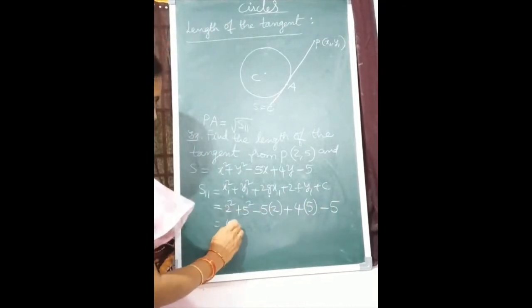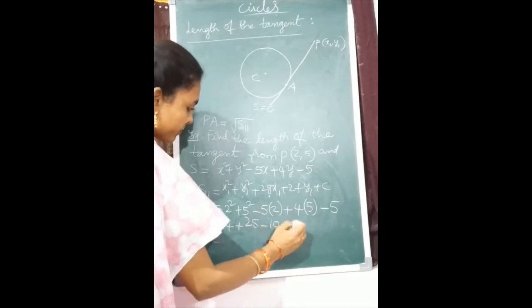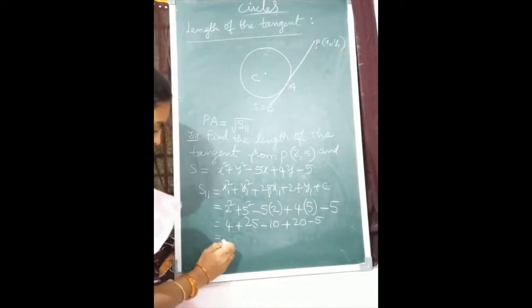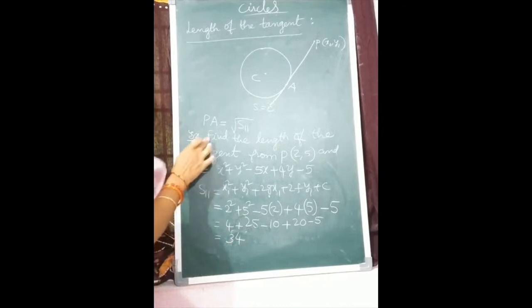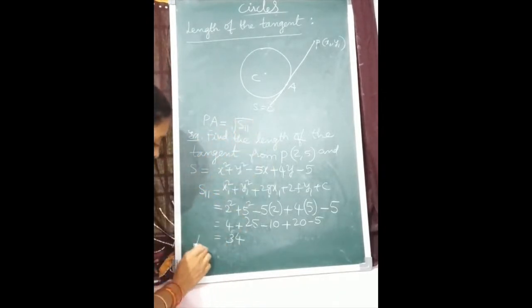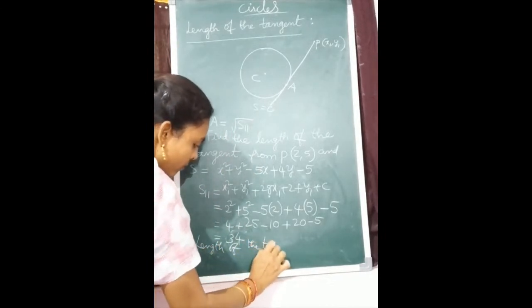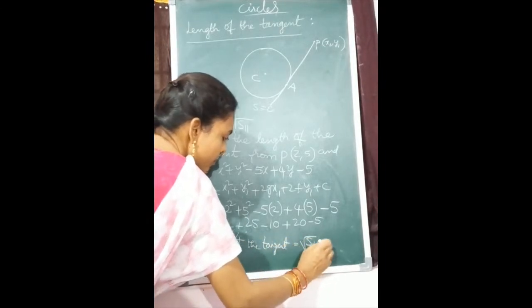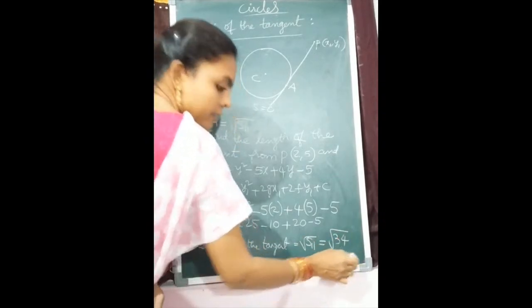This is 4 plus 25 minus 10 plus 20 minus 5. We simplify: 34. But the length of the tangent formula is root S11. So the length of the tangent is equal to root S11. This is root 34. This is the answer.